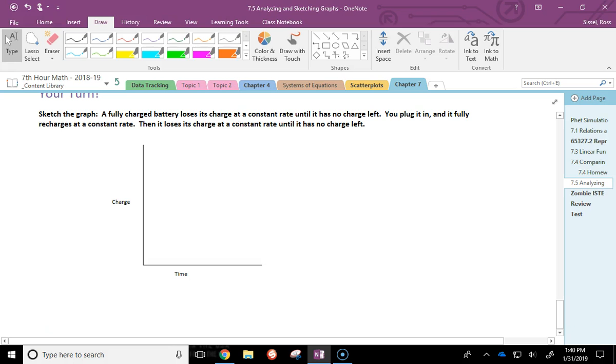So a fully charged battery loses its charge, and then it does it again. It does it again like one time, right? No break, because I said we plug it in right away.